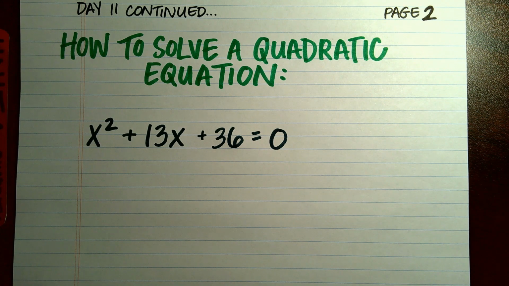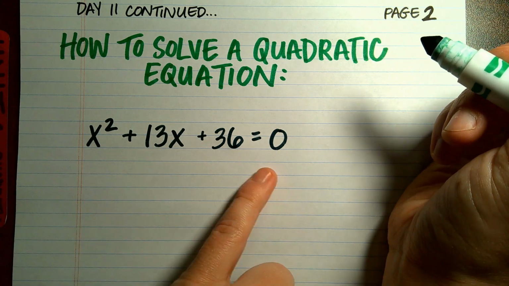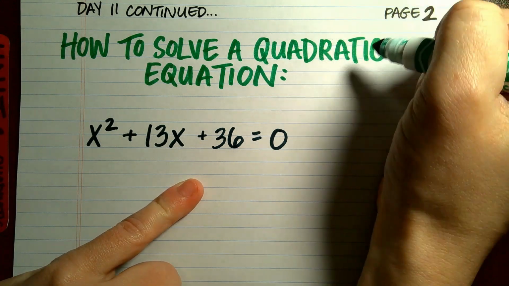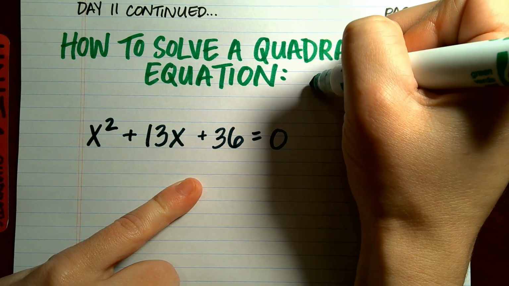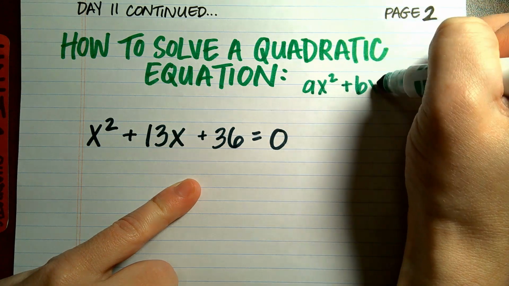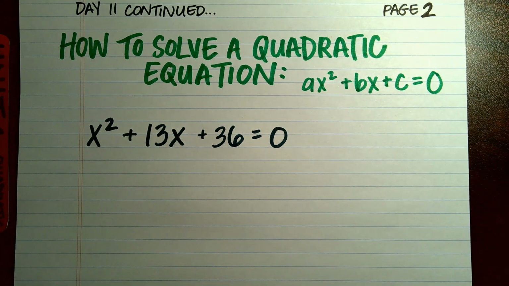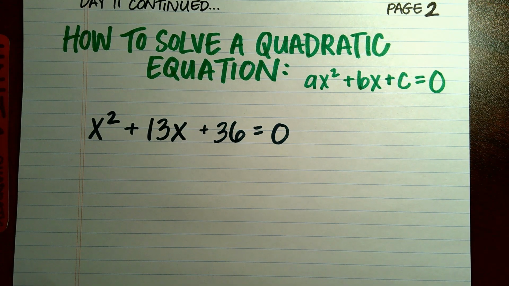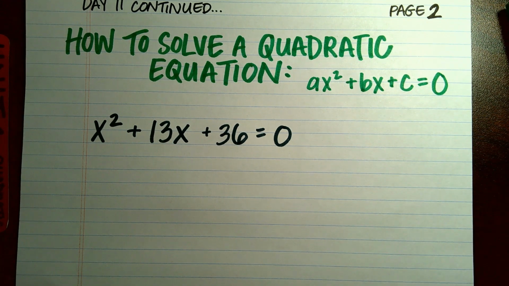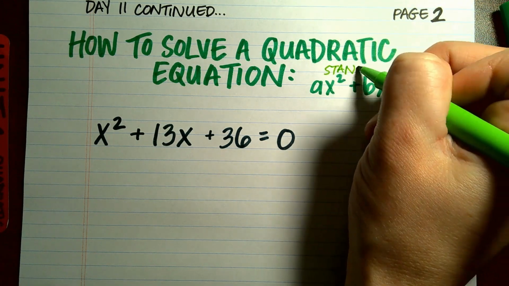So remember that a quadratic equation, in this case, we are in standard form here. That's ax squared plus bx plus c equals 0. And I'm not asking you to be able to recognize this is called standard form just yet. If you want to have it in your notes, this is it.